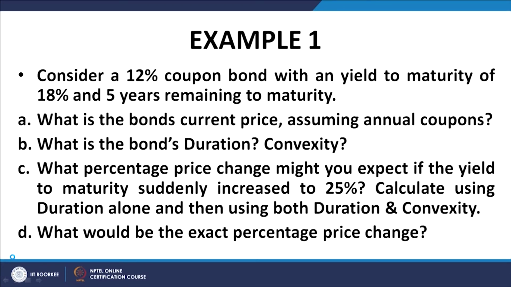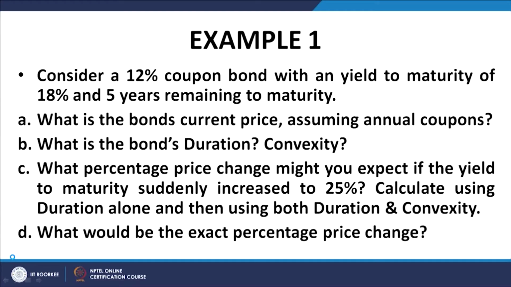Now, it is important here for me to emphasize that this kind of change is very unlikely, in fact close to being impossible in real life. I have magnified the change significantly in order to make the results conspicuous, in order to make the results apparent. I repeat, you cannot have a sudden change of 7% in the YTM, in market interest rates, that is somewhat absurd, but the message that I want to convey by this example gets amplified by using this magnified YTM change.